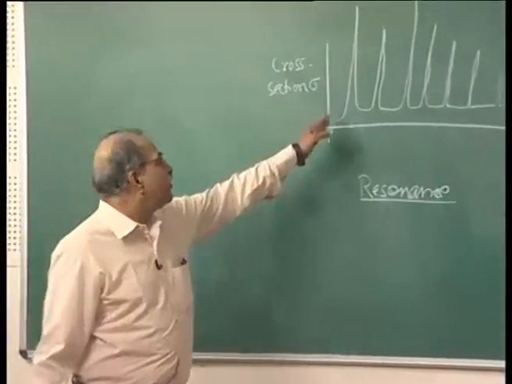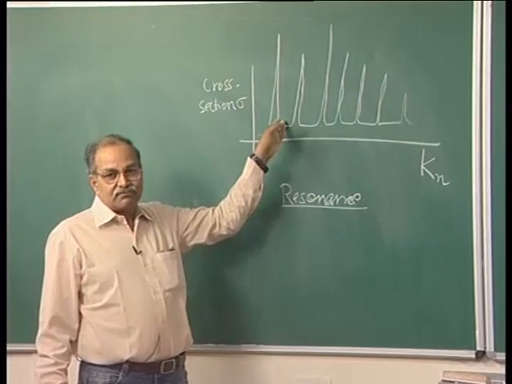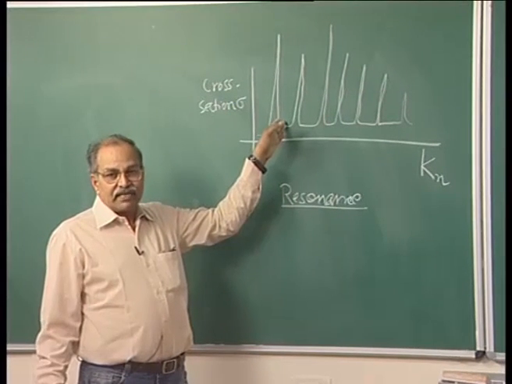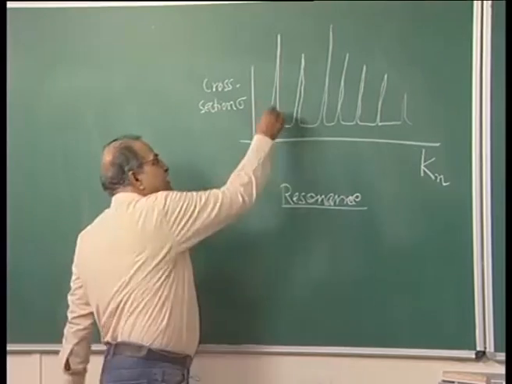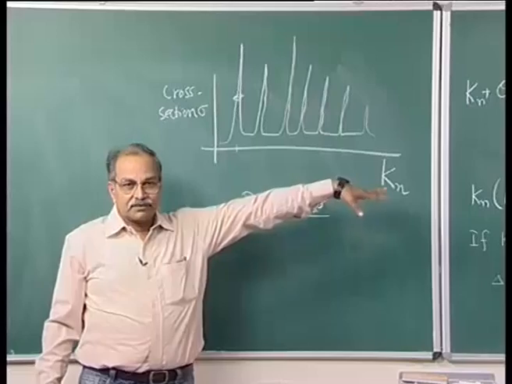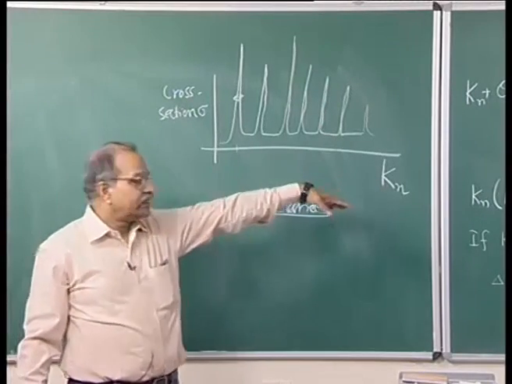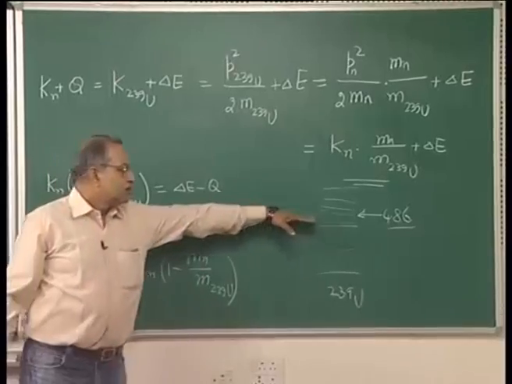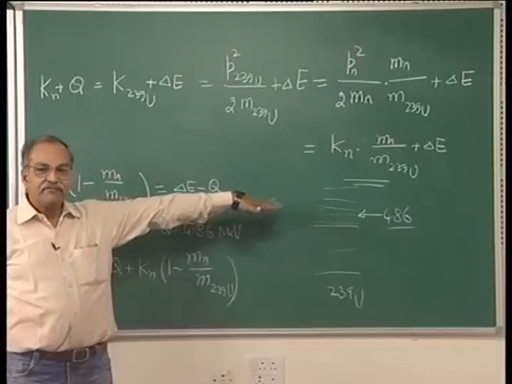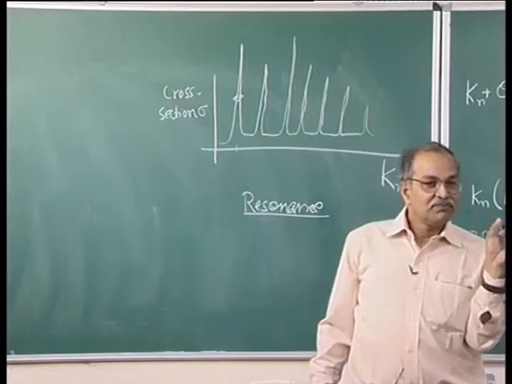The shape of this line has been worked out theoretically. It is known as the Breit-Wigner formula. It is kind of Lorentzian, and this width here is related to the lifetime of that particular state in the uranium. So, the larger the lifetime, the more stable is that state and the narrower will be the width.